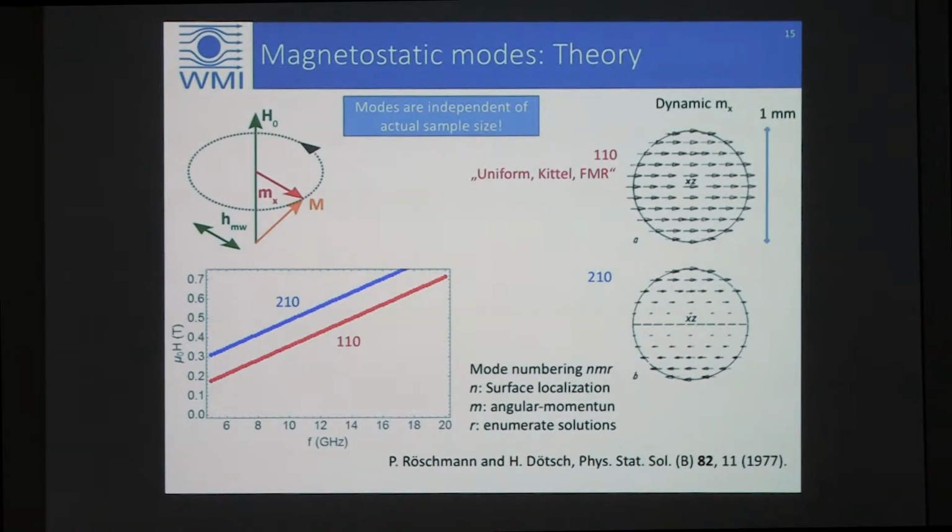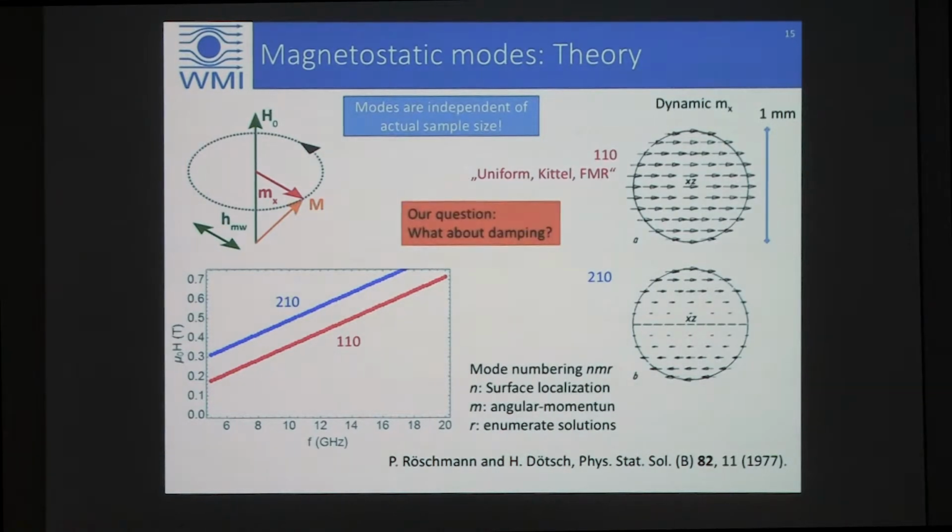What's interesting to note here is that at a fixed external magnetic field, the mode with the lowest frequency is not necessarily the uniform mode. Here the 210 mode has a lower energy, a lower frequency. So it's maybe a bit counterintuitive. It's all summarized in this publication here.